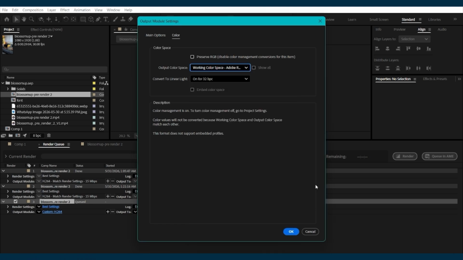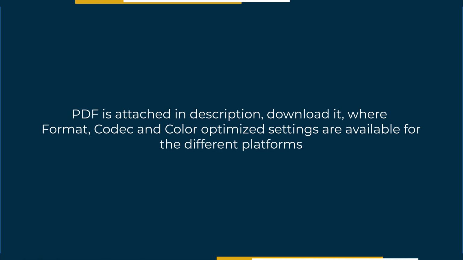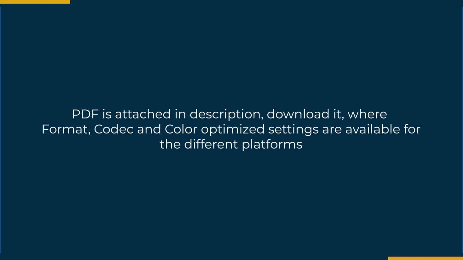So you must know the purpose of your video, where it's going to be showcased and where it's going to be uploaded. Then you must have the knowledge of which color space suits which platform. Then export the video in exactly the same color space. Then you will get more professional results in the final renders.